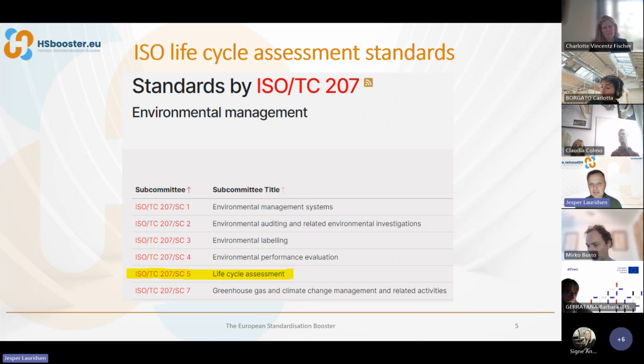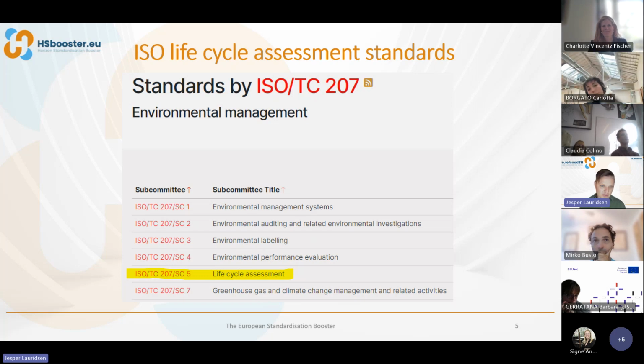After that, they said, well, maybe we can do something also in the environmental sector. Instead of quality management, they made a standard for environmental management, and that standard was put in what we call ISO TC 207 Subcommittee 1, Environmental Management Systems.